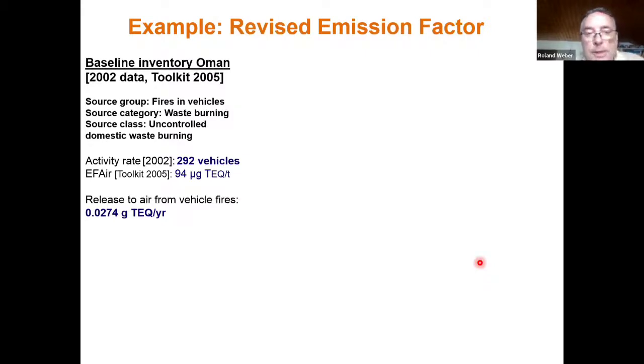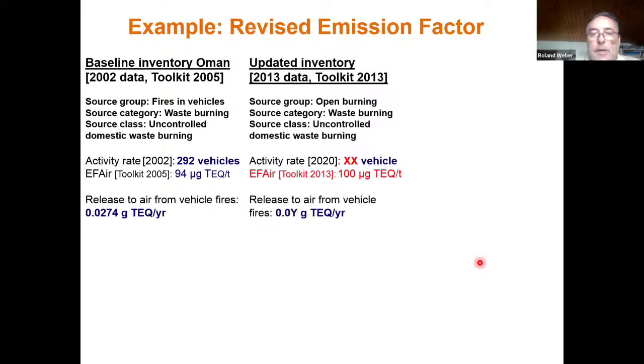And there was a proposed emission factor of 94 microgram TEQ per vehicle. Today, when you do the update, you will check how many vehicles have been burned in the inventory year you choose. Probably you will choose 2020 or 2019, depending on where you have the data halfway complete.